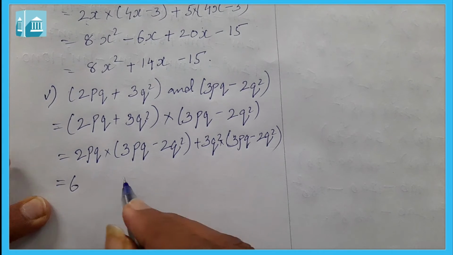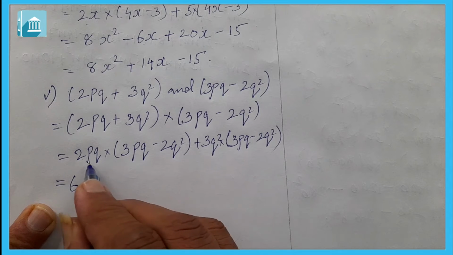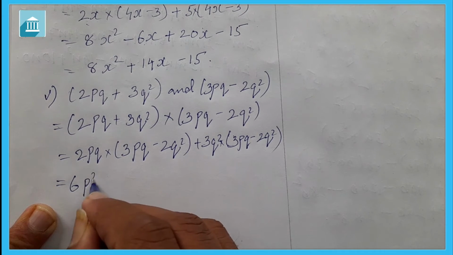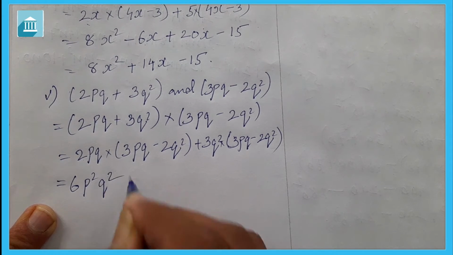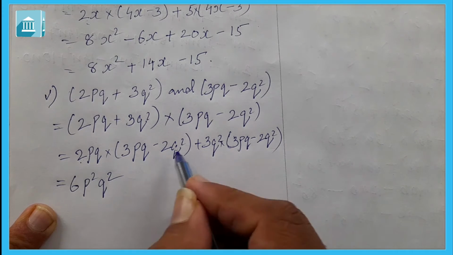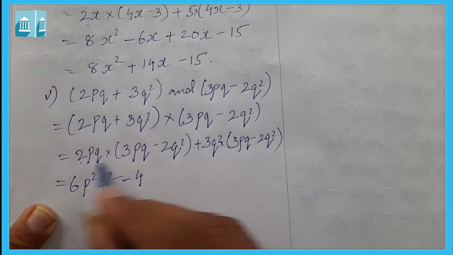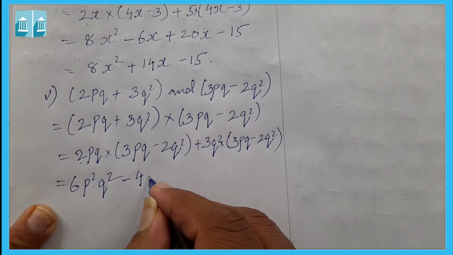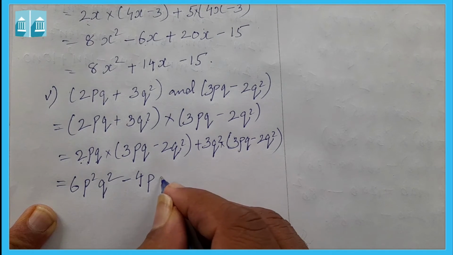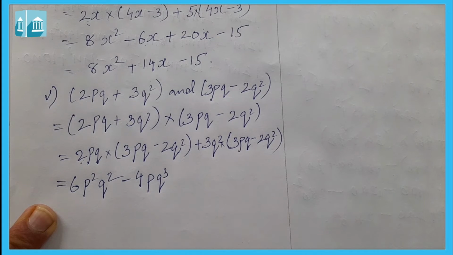Now 2 into 3 is equal to 6, p into p is p square, q into q is q square. Now 2 into minus 2 is minus 4, p stays, q into q square is q cube.